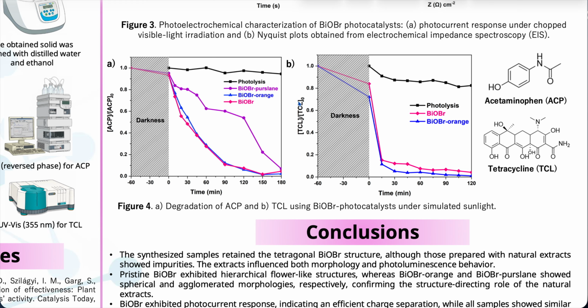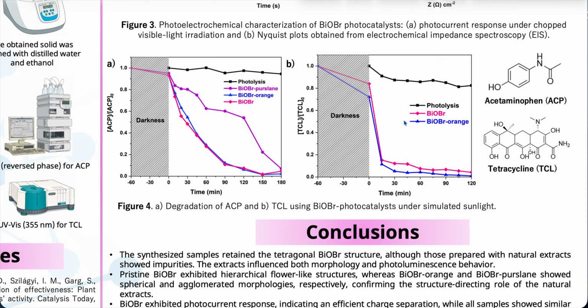This behavior was reflected in the photocatalytic experiments. For acetaminophen degradation, bismuth oxybromide and bismuth oxybromide with orange showed the highest photocatalytic performance, while the one with purslane exhibited a lower degradation rate.